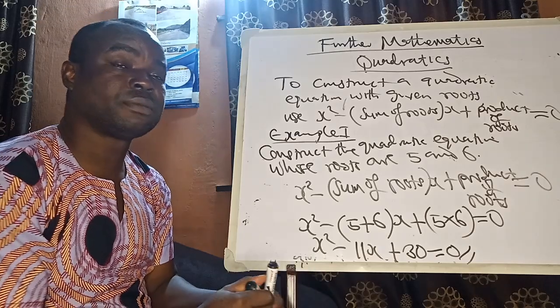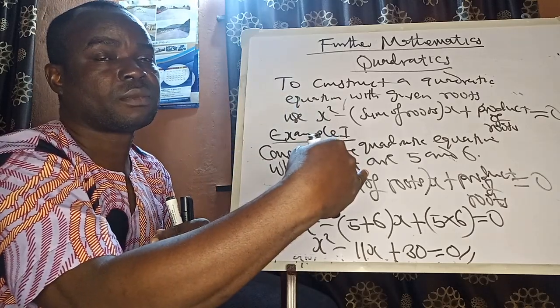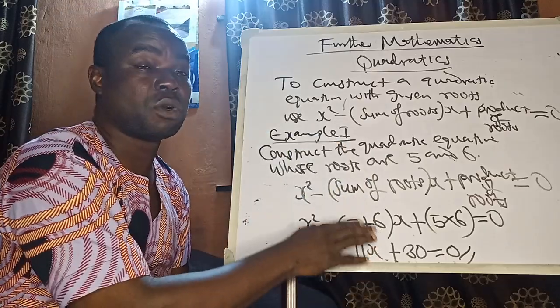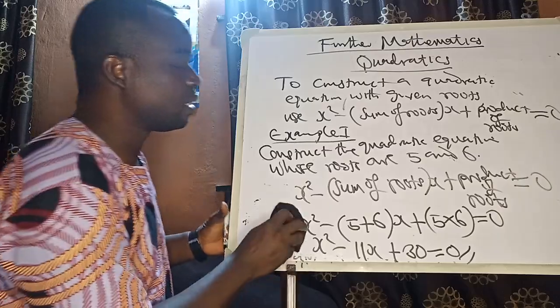So copy this one. Keep it. Let me now elevate it a bit to further maths. This one is ordinary mathematics. Now I want to elevate it to further maths. So let me give you this example.